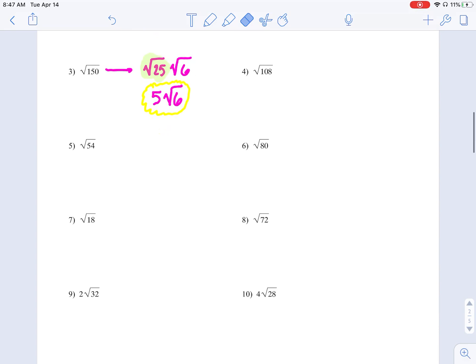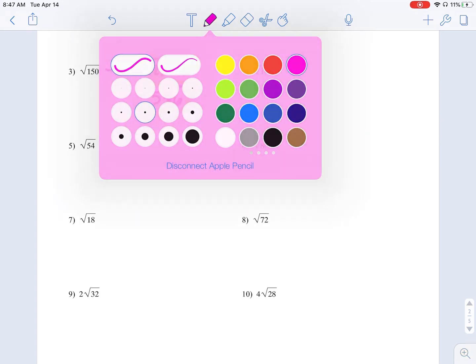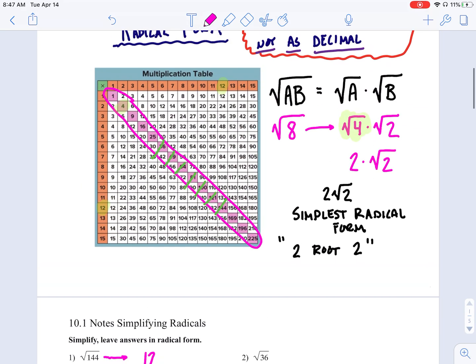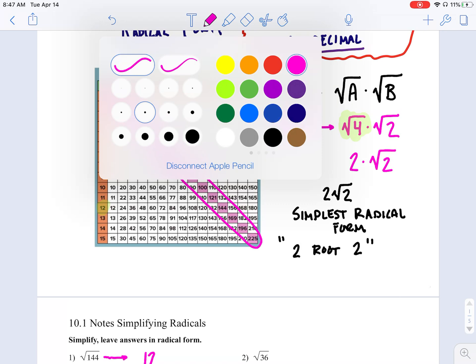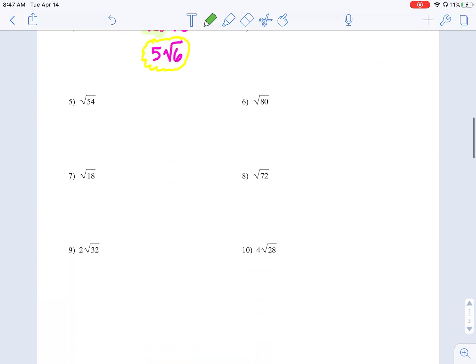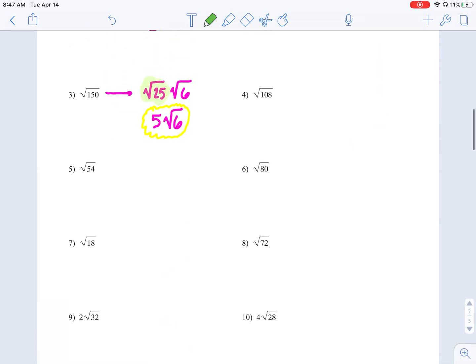Okay, couple more. 54, what is that? That's not a perfect square, I don't think, is it? Let's see here. 54, nope, that's not a perfect square. Does it divide by 49? No. 36, no. 25, no. 16, maybe, no. 9, yep, it's 9 times 7, or 9 times 6, excuse me.